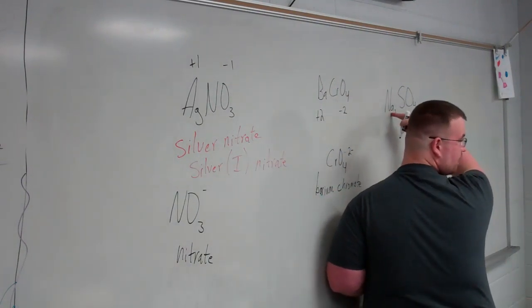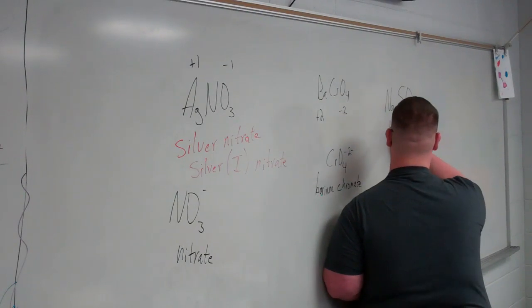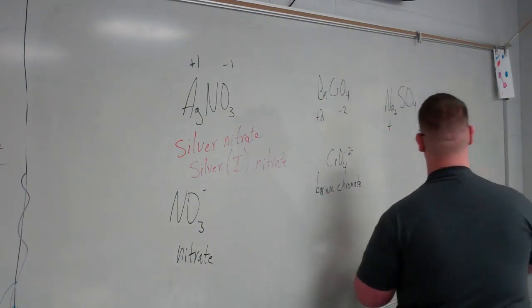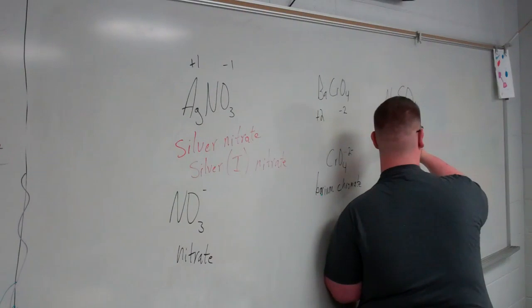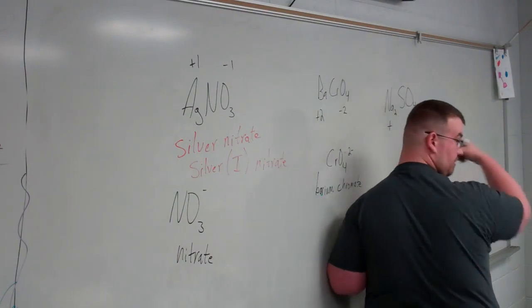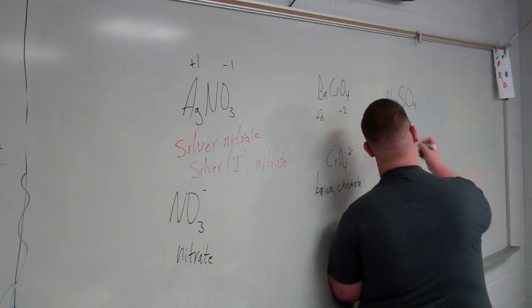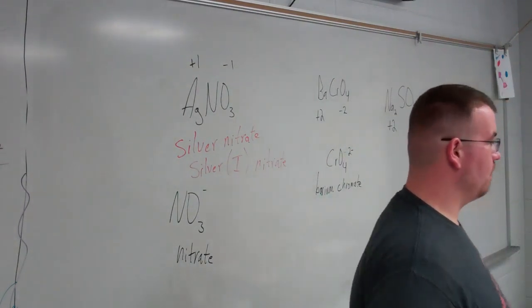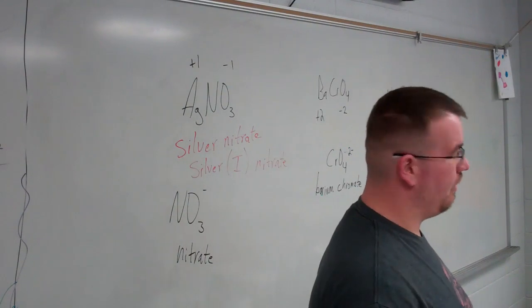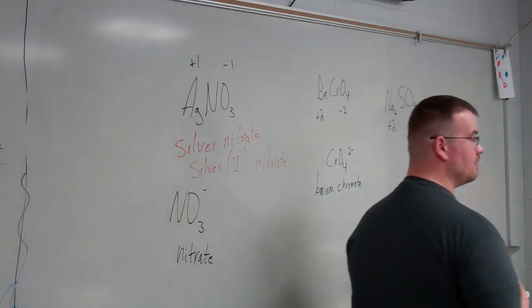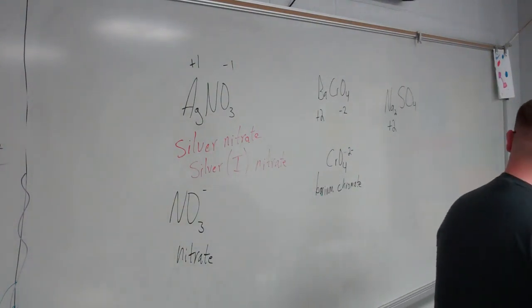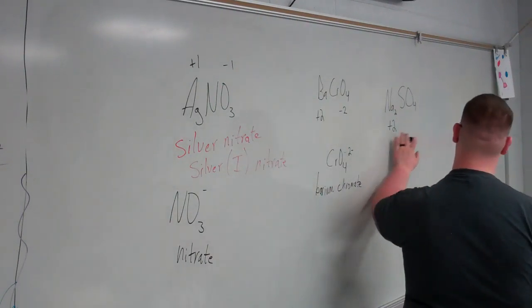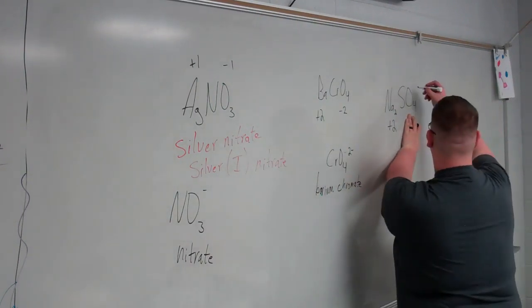Sodium charge. 2. Sodiums are positive, and there's 2 of them, so it is a +2. How can sodium bond with something? Sodium forms an ionic bond from electrostatic interactions. So for this positive charge to bond here, there has to be a negative.